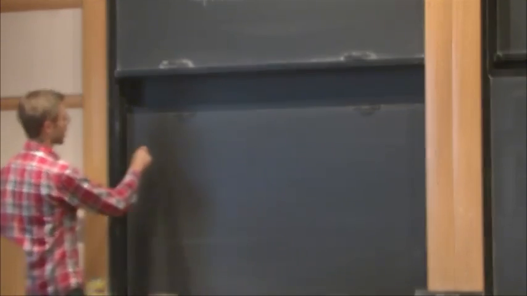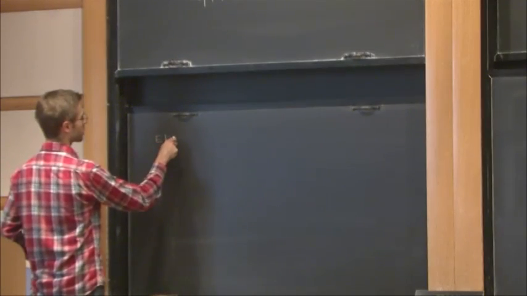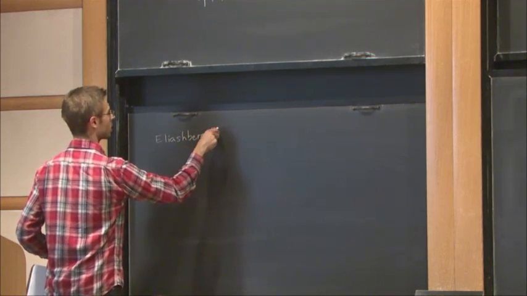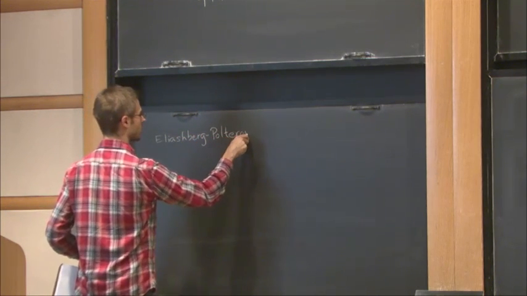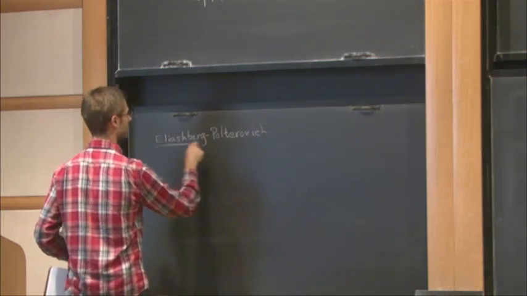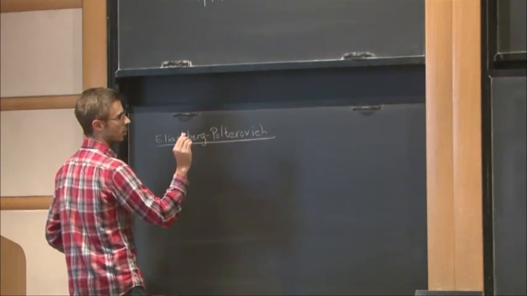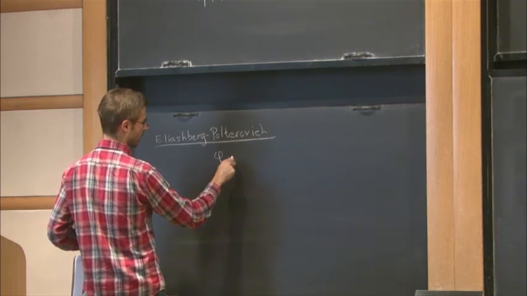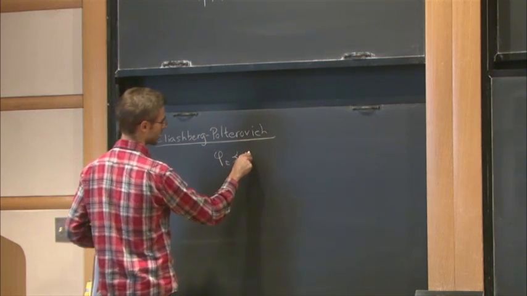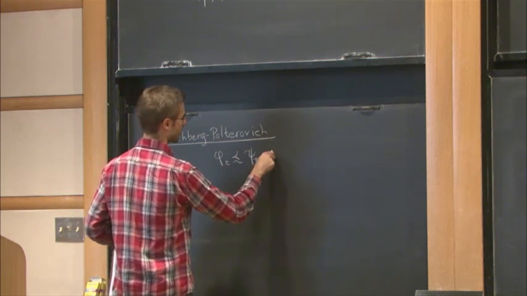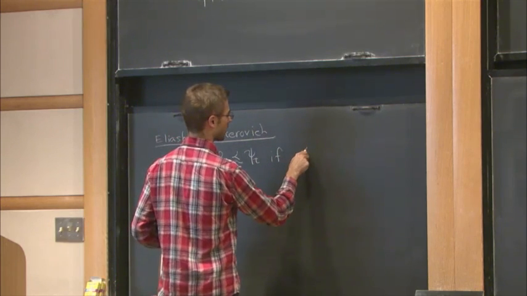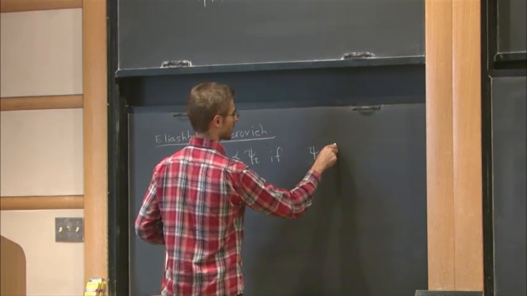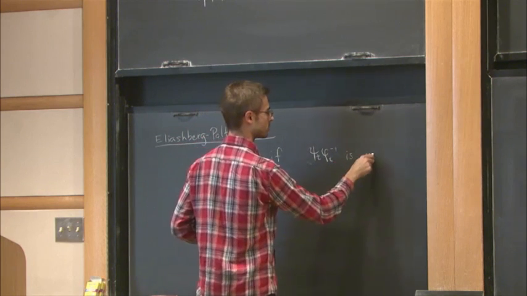So what Eliashberg and Polterovich did with this concept was they figured out that you could put a partial order on Cont 0 tilde, the universal cover, with the following things. So we're going to say that this is less than this if psi t inverse is non-negative.